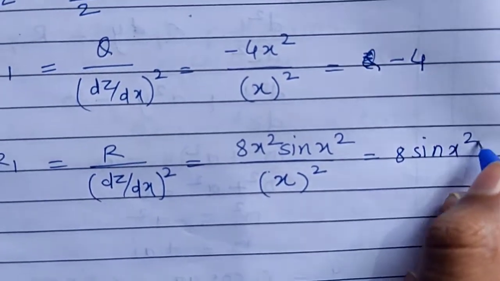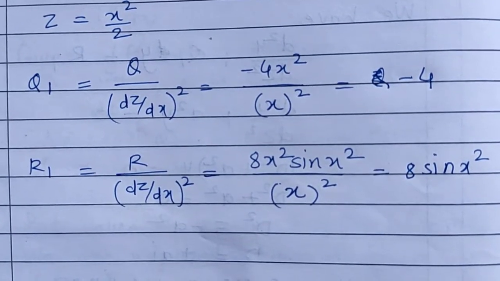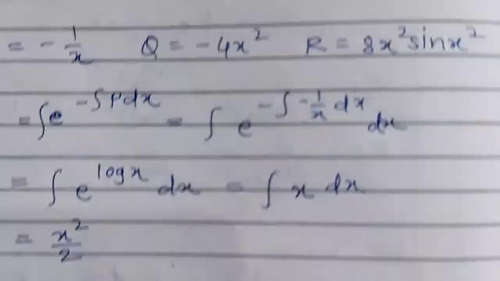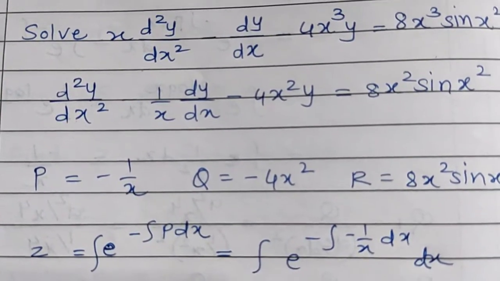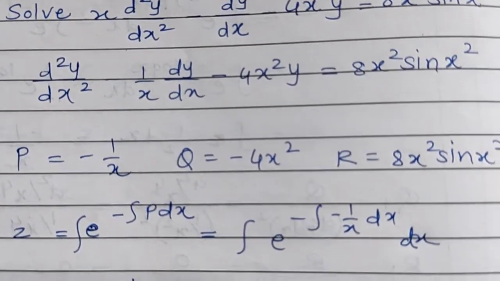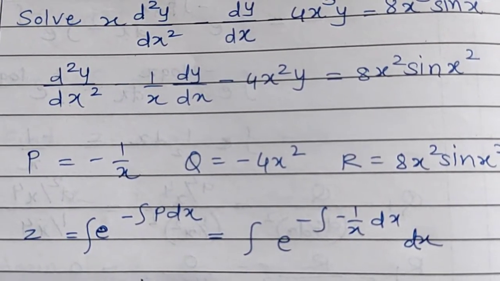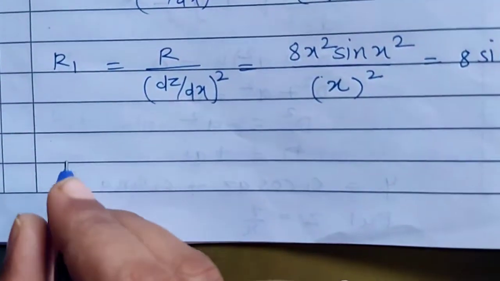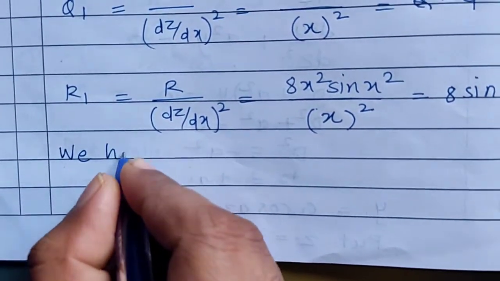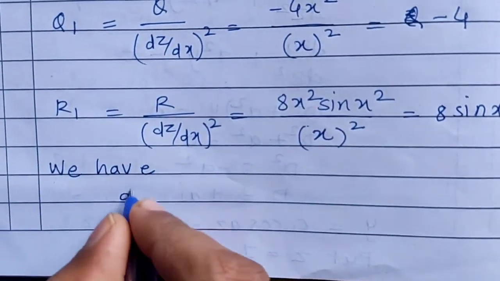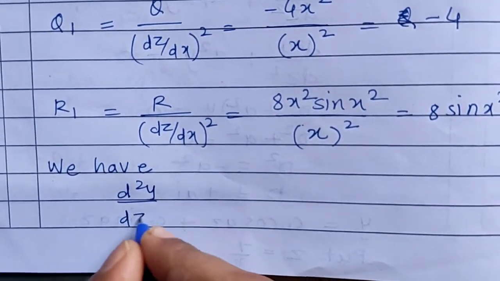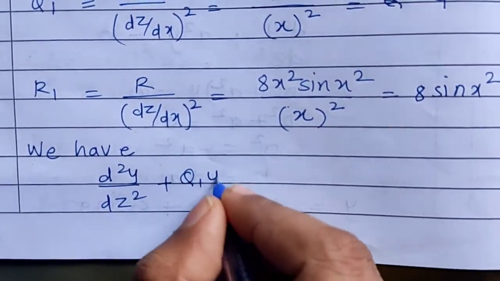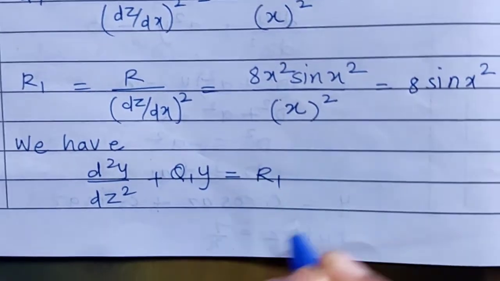We use the method of solution by change of independent variable. So in this equation, the independent variable is x. Now we transform x to z and we get the transformed equation d2y by dz square plus q1 y is equal to r1.